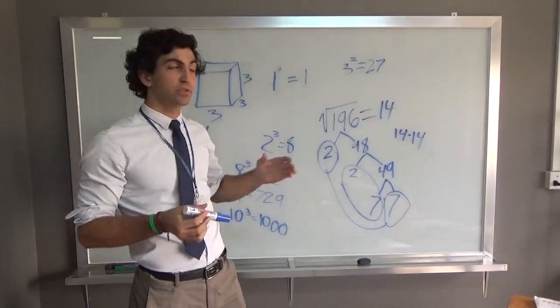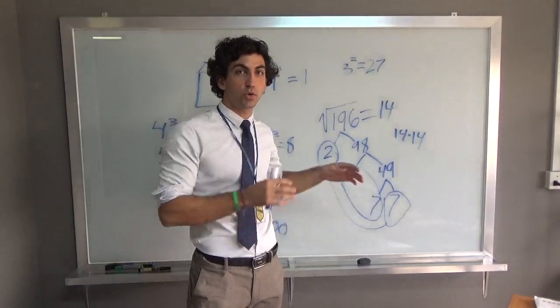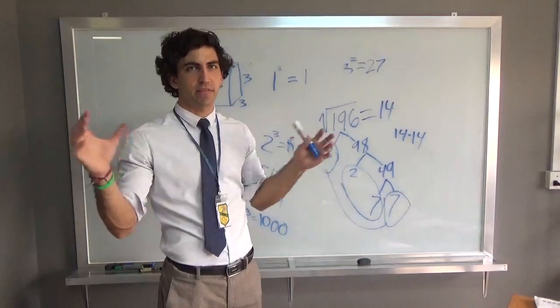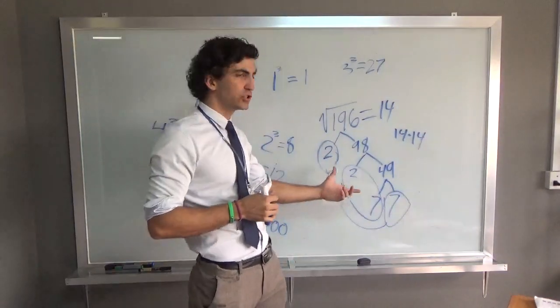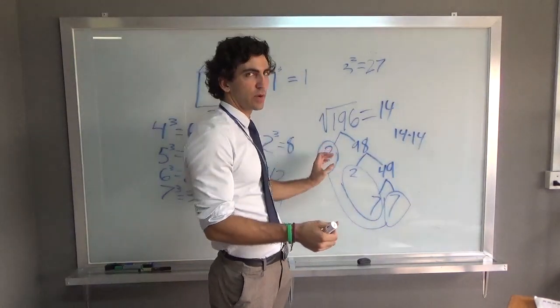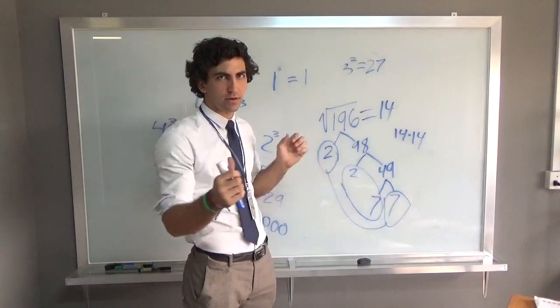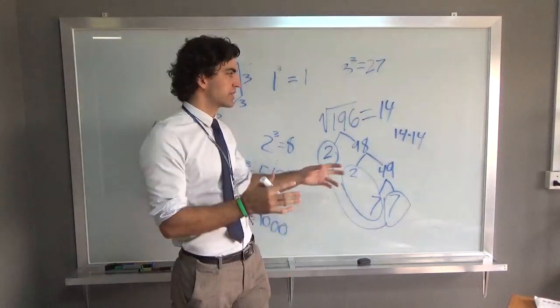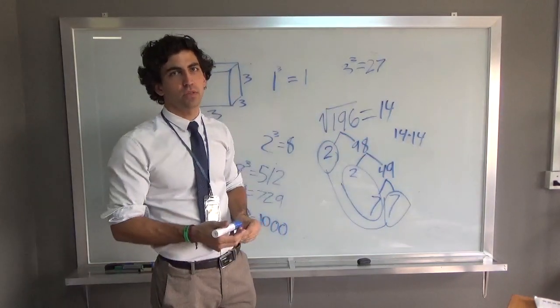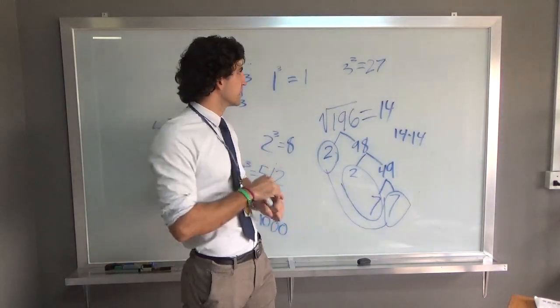Okay? So you would start by factorizing it until you are all done, and then you put it into pairs if they match. So if you have 2 7s, you take 1 7. If you have 2 2s, take 1 2, stick them back together until you just have 2 numbers that are identical. And that's how you find out the square root of a number.